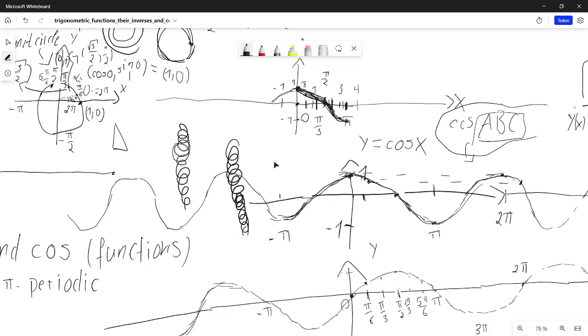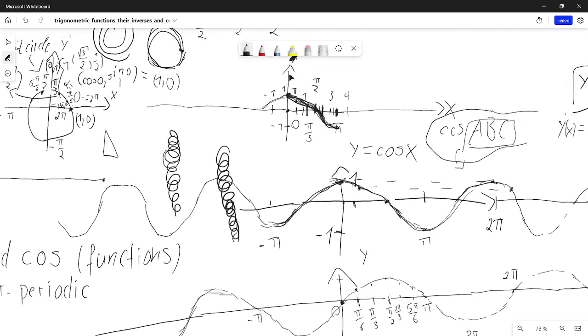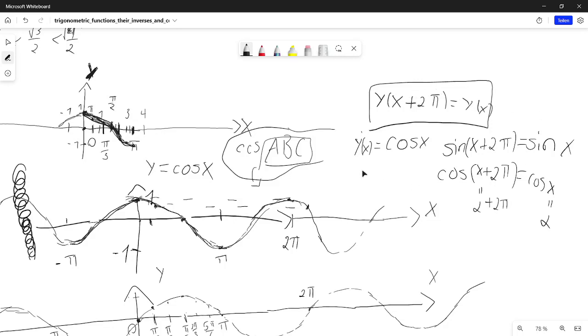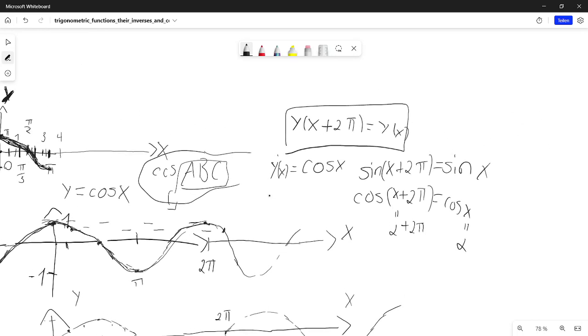Of course, if we take the period, this is, by the way, called 2 pi periodicity, because it's like the whole period, and after this period it begins anew.